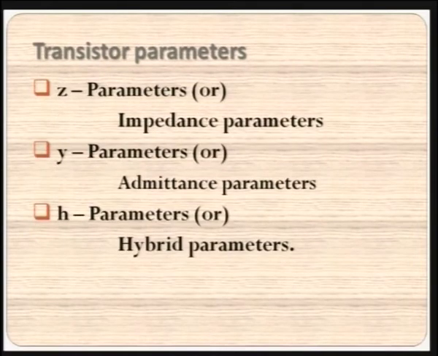Z parameters, or impedance parameters, then Y parameters or admittance parameters, and a quite famous one which is the H parameter or hybrid parameters. These are the commonly used transistor parameters Z, Y and H.